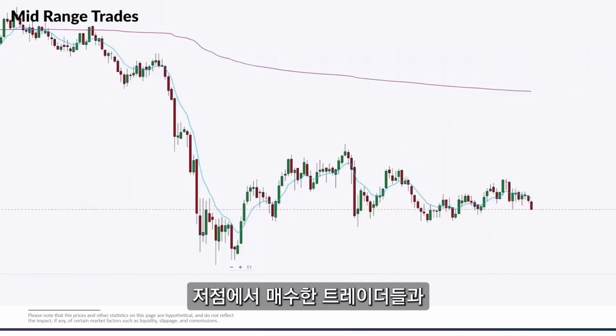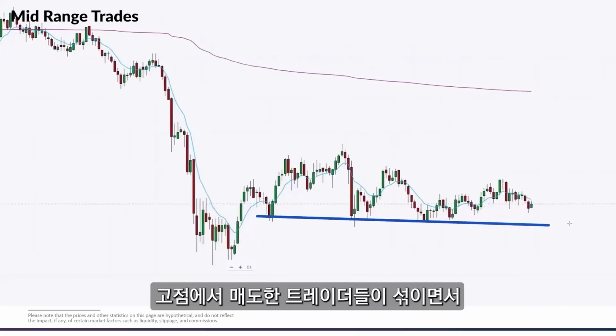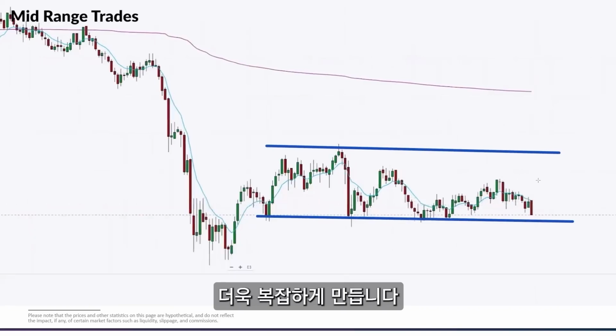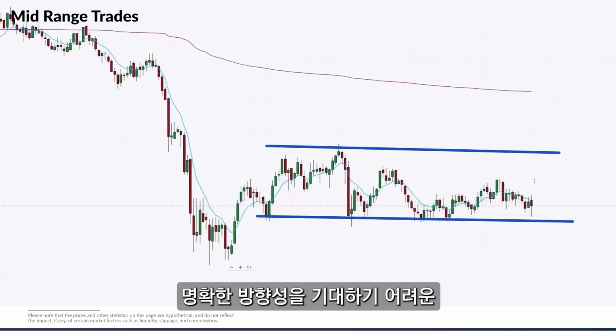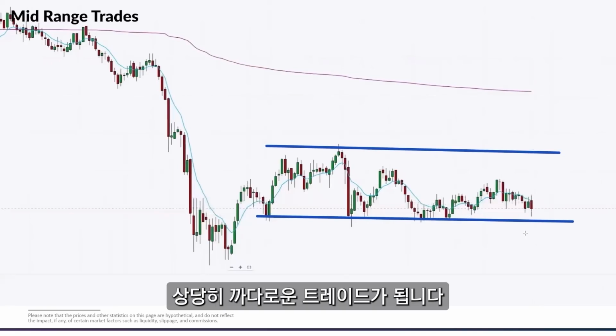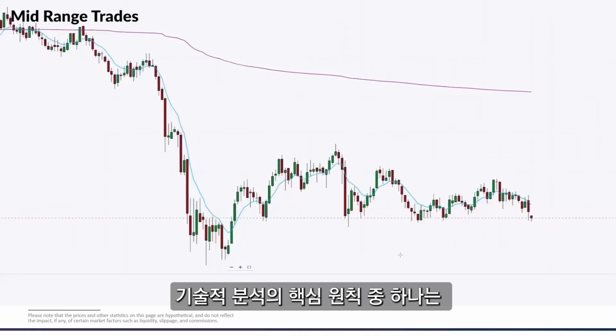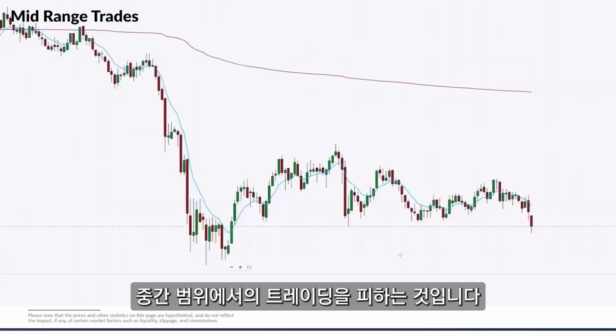You have traders on both sides here who were in from the lows or in from the highs, and they're going to cause all this havoc in the price action. So it becomes really, really difficult to actually look for a clean move. This is one of the key principles of any technical analysis: you want to avoid mid-range trading.